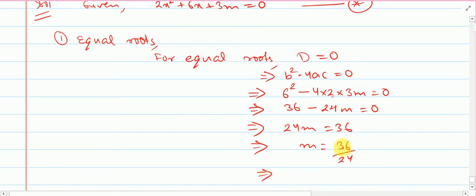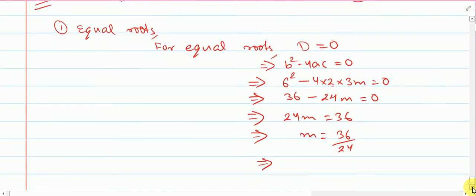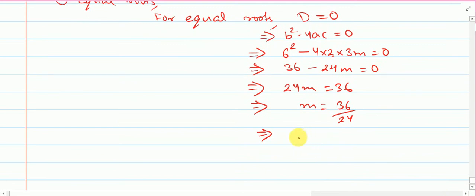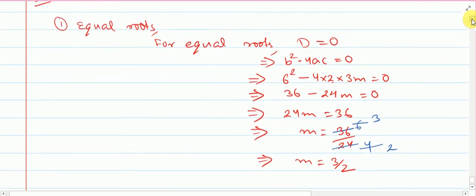You can see 36 and 24, these two are multiples of 6, so divide. 6 sixes are 36, and 6 fours are 24, and then 2 twos are 4 and 2 threes are 6. So you will get 3 by 2. So you got the value of m.